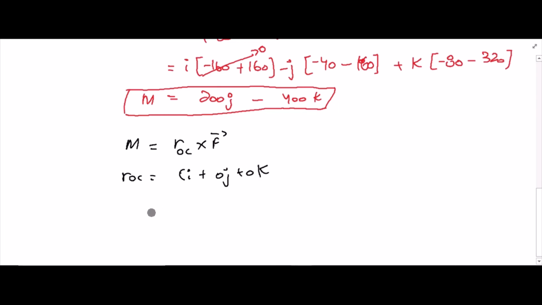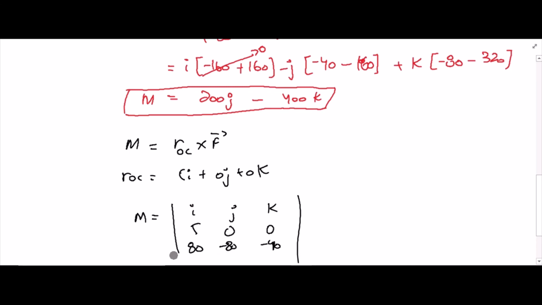Then again by using the determinant, M is equal to i, j, k, 5, 0, 0 and 80, -80, -40.